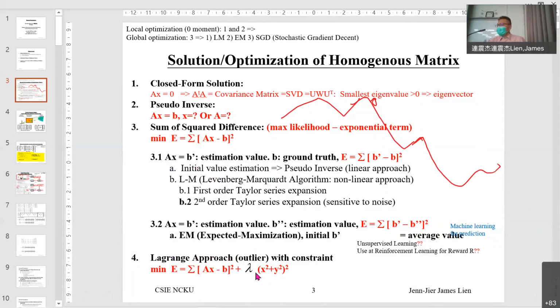Right now, in the recent year, more and more papers use the Lagrange approach to solve it. And with the Lagrange approach, in machine learning, people use the support vector machine, SVM. They use Lagrange. SVM, why is it better? Because they use the Lagrange approach.